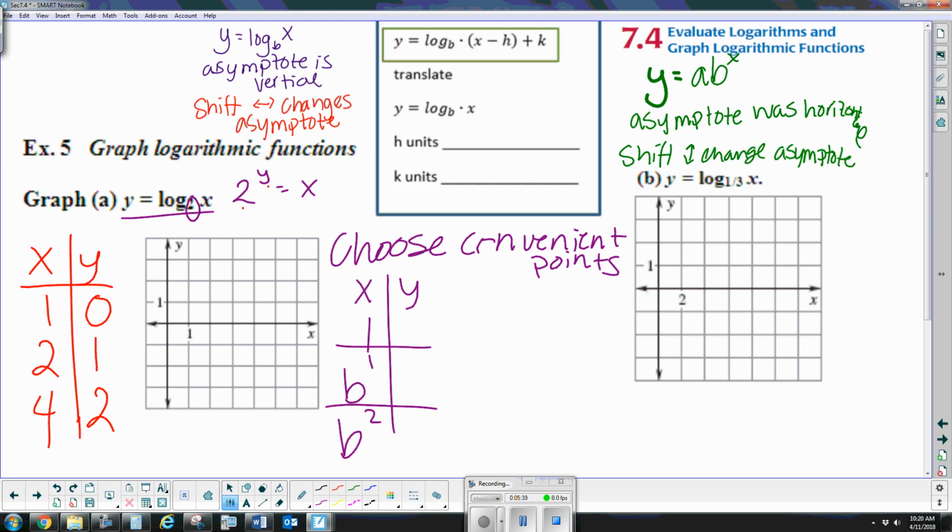And again, since now we're looking at logarithmic functions, our asymptote is a vertical line. So our asymptote is the y-axis instead of the x-axis like we did with exponential functions. So we're going to plot those points (1, 0), (2, 1), and (4, 2). And then we're going to sketch in our graph.